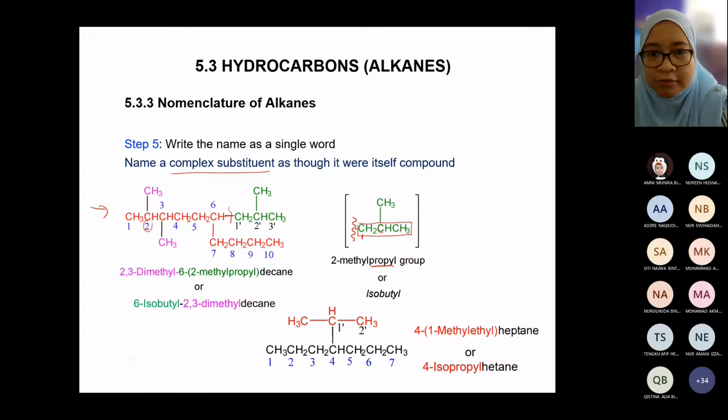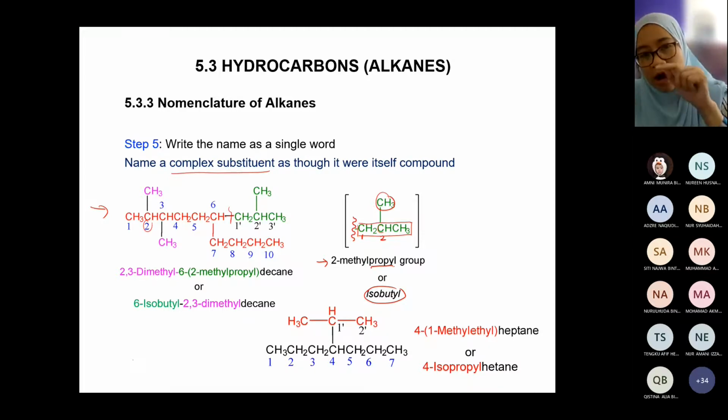So this is propyl because it has 3 carbons, and at carbon number 2 we have this methyl group, so it will be called 2-methyl propyl. So this isobutyl common name can be named systematically as 2-methyl propyl group. So this is the systematic name.